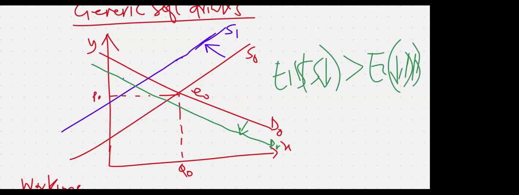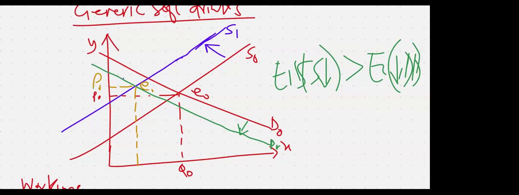So where do the two new curves, S1 and D1, meet? They meet at this very point. That's where the two new curves meet. So that new point is called E1, the new equilibrium. Then on the y-axis, it will become P1.